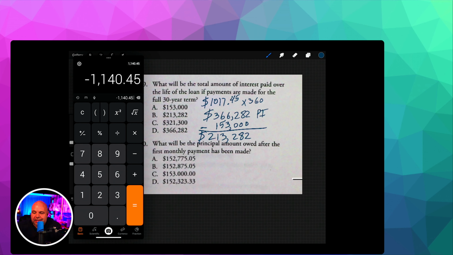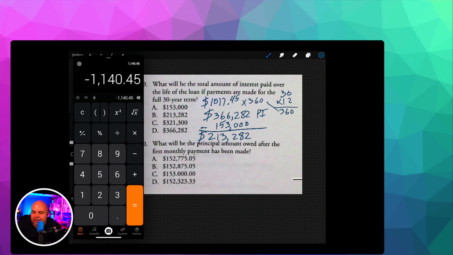So you needed, I'm sorry, just the PI portion, $1,017.45. That was just the PI portion that you got using the loan factor. That times 360 gives us our total PI over the whole loan, exactly 30 years times 12 months a year.